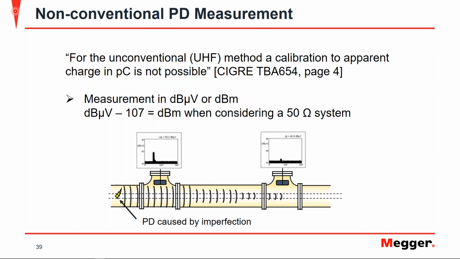Instead, the measurement is in decibel microvolt or decibel milliwatt. As you can see here, if you have your partial discharge taking place, you have a certain magnitude of discharge, and as you propagate through, you have this lower magnitude.